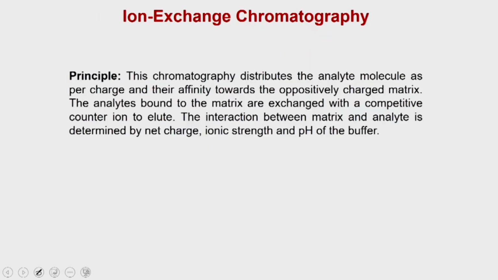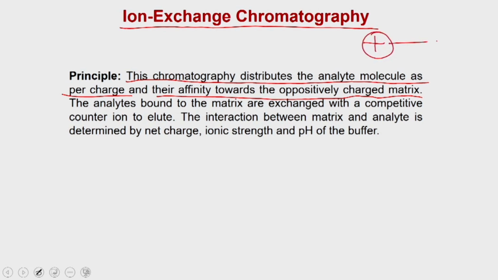Ion exchange chromatography, as the name suggests, works with the positive or negative charges present on the protein. The basic principle is that this chromatography distributes the analyte molecules as per their charge and their affinity towards the oppositely charged matrix, which means if the protein is positively charged, it may have affinity for a negatively charged matrix, and vice versa.